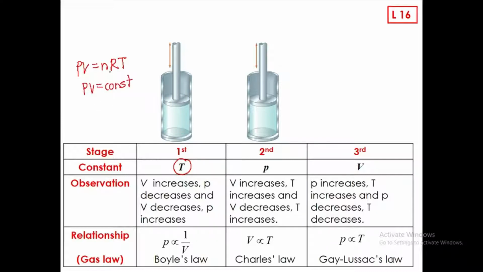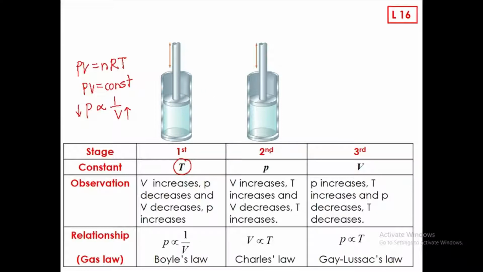So we rearrange the equation, we get P is inversely proportional to 1 over V. So from this relationship, we know that when V is increasing, the pressure will decrease, or if V is decreased, the pressure will increase, by using the relationship P is inversely proportional to 1 over V. This is Boyle's law.